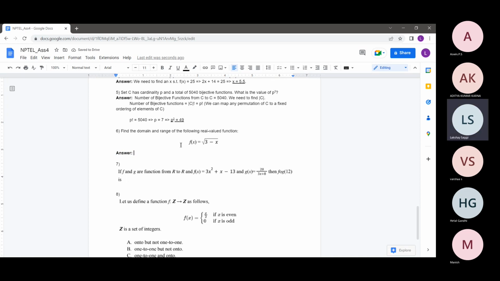Find the domain and range of the following real valued function. So basically they are saying that we need to find the domain as well as the range of this function, and we are given that it is real valued.